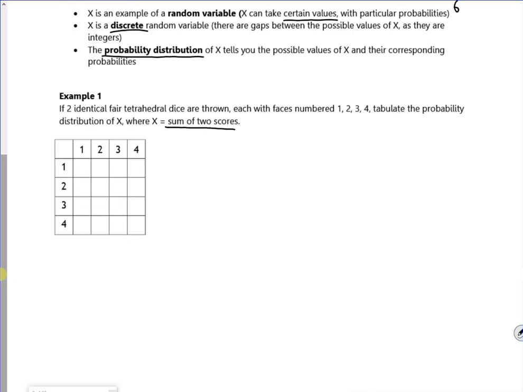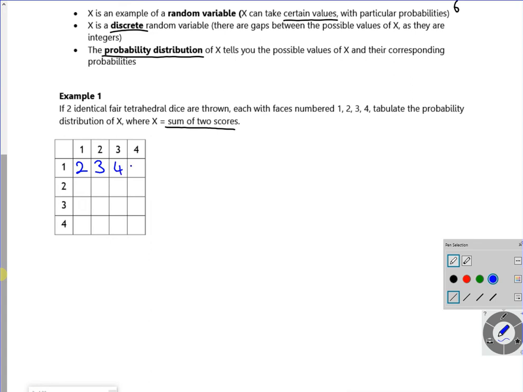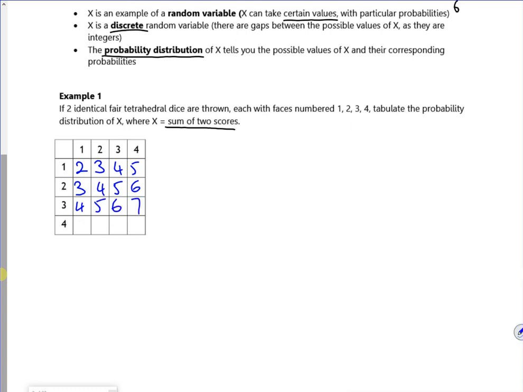So if I add them together, I get a 2, a 3, a 4, a 5, a 3, a 4, a 5, a 6, a 4, 5, 6, 7, and a 5, 6, 7, 8.